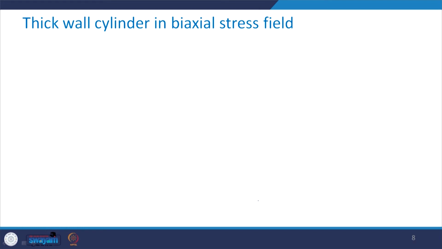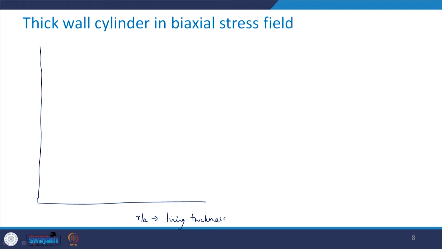Let us see how it looks like. So, we have one axis, vertical axis here, and a horizontal axis. In the horizontal axis, I am drawing r upon a, which is the lining thickness, and here I have a value.